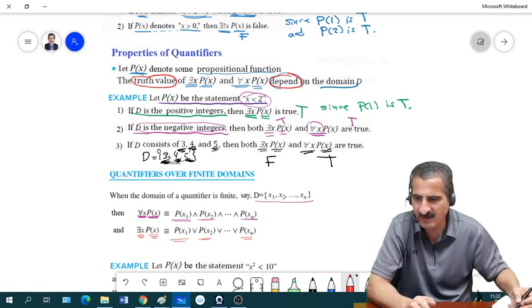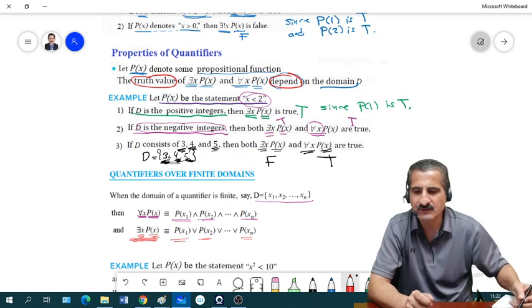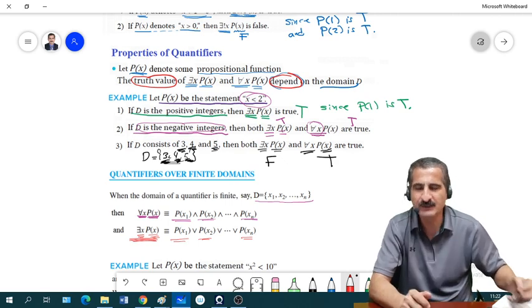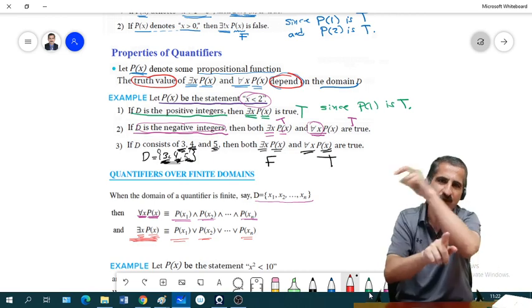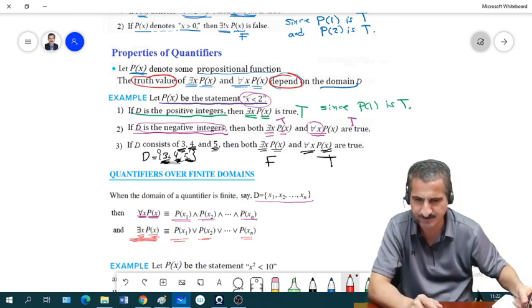Now, if this is false, that means P of xi is false for every x. So in the disjunction we have false, false, false all the way. All of them are false.